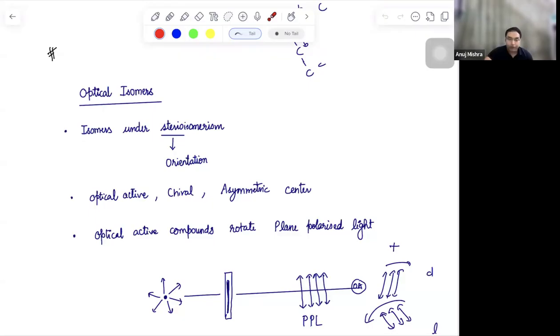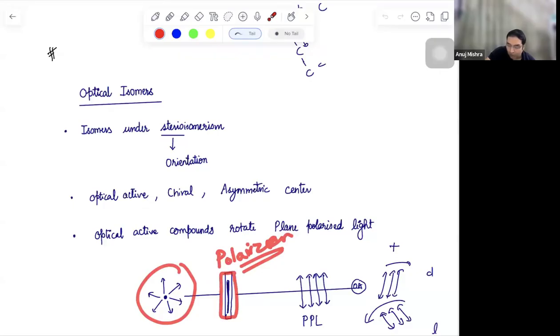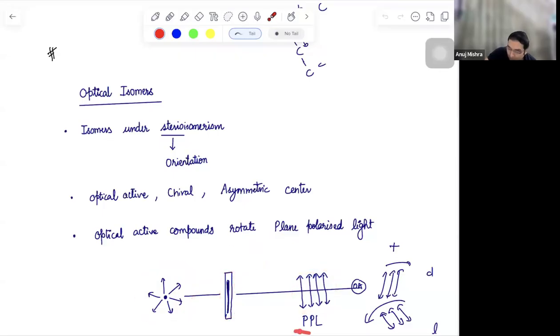So this is a spherical wavefront. When you make it polarized, we use something called a polarizer. Let's say the light is moving in all directions. You use this kind of device. It will move only in one dimension now. This is called PPL or plane polarized light.